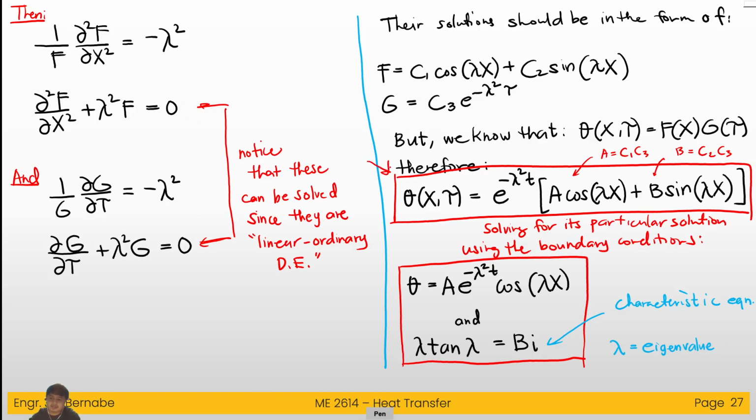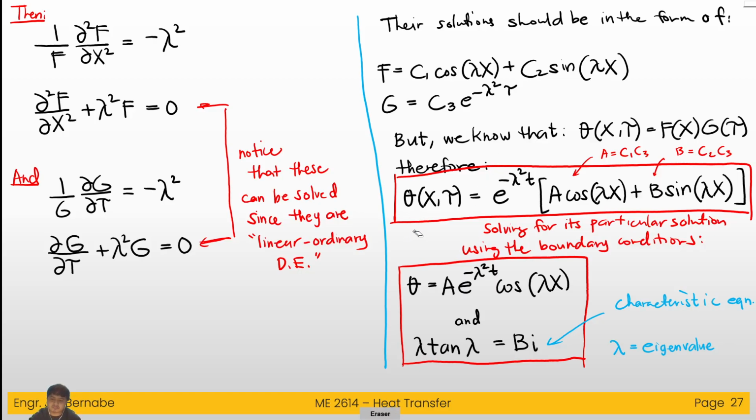Okay, so basically, this is a linear differential equation, right? So the solution form is this and this. If you multiply these two functions, the general function is this. Sorry, I won't get into too much detail, but you can solve this. Now, this is the general form of your solution.